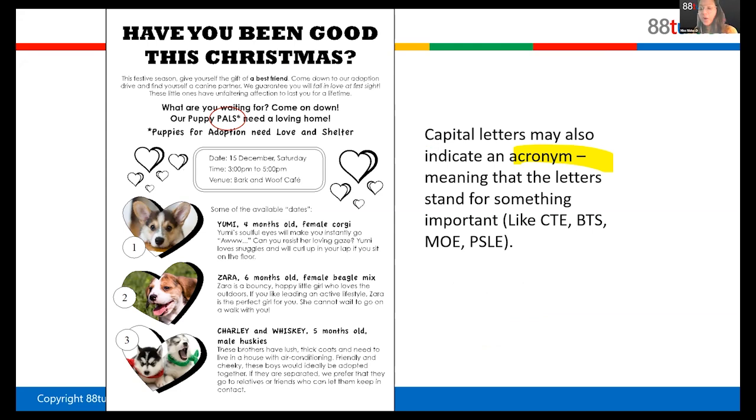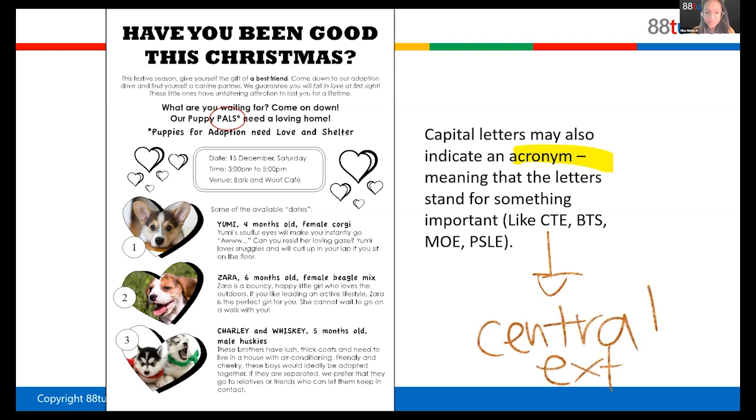That's PSLE, right? What is CTE? If your parents drive, you will have heard of the word CTE, right? What does CTE mean? CTE is Central Expressway. When you go on the expressway, you need to pay money, they tax you for using the road. So Central Expressway, that's what it means.